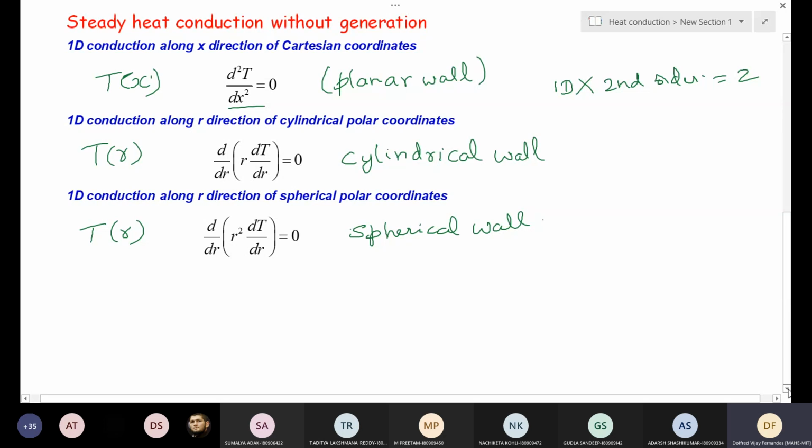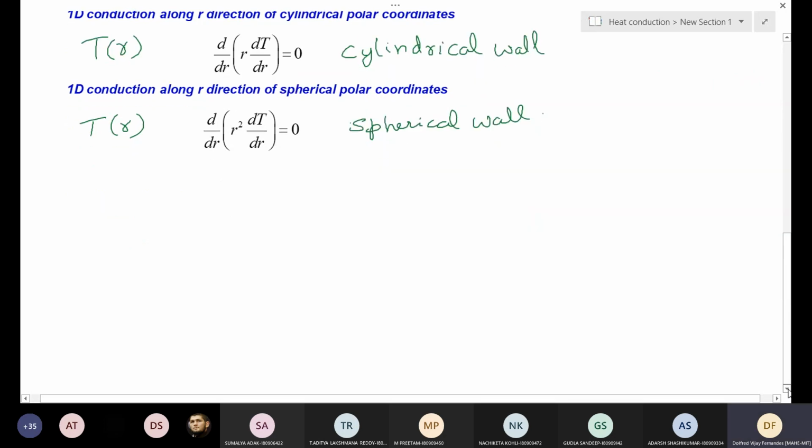So we'll take up the planar wall first and obtain the heat transfer and temperature distribution.